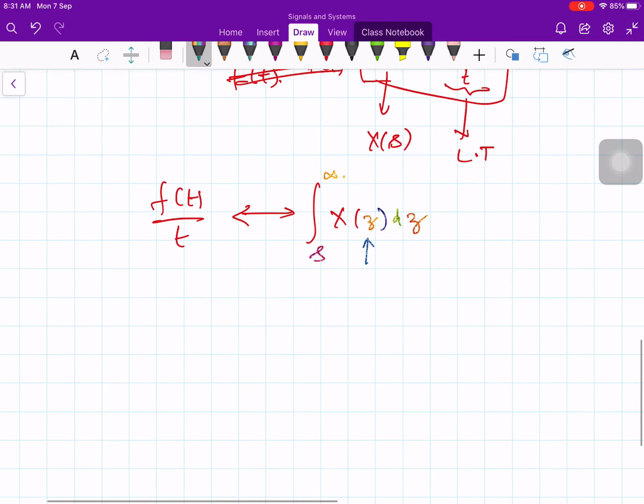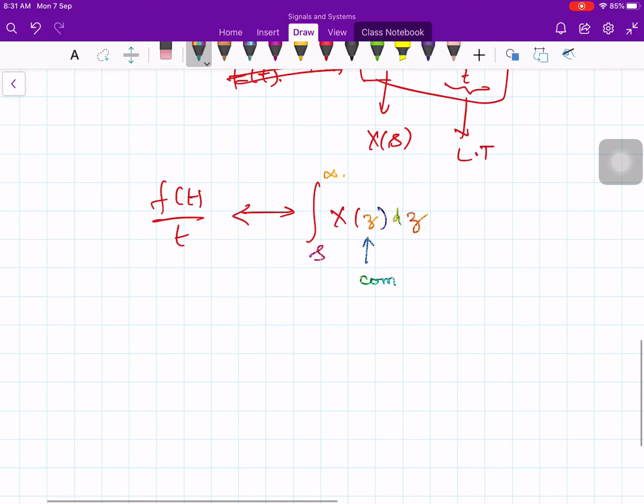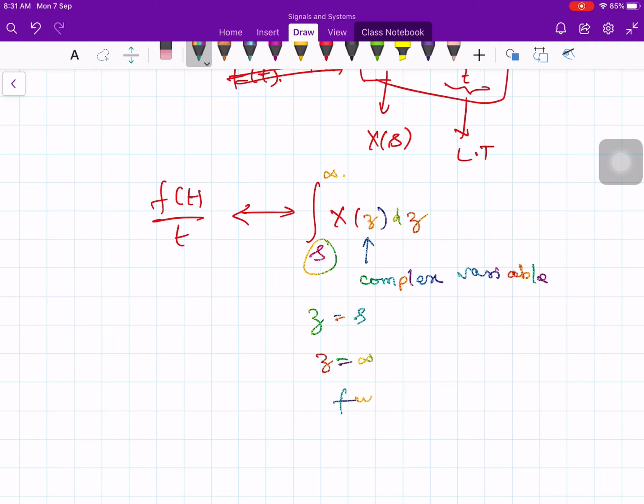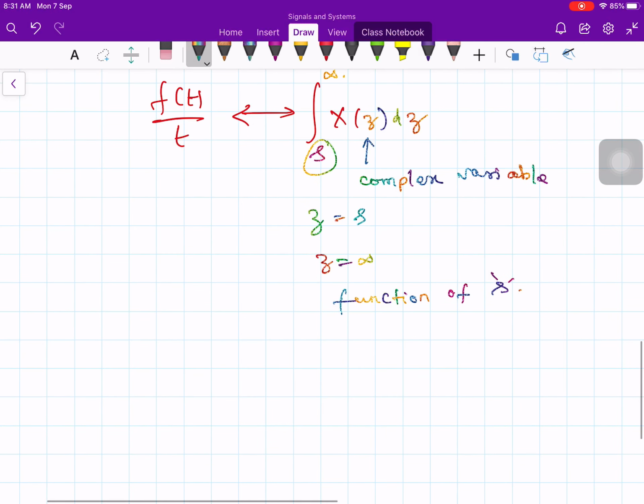Instead of calling it s, I put a z, that's all. Once you make the integration, it is a function of s. So after this integration, you substitute z equal to s and z equals infinity, then the result will be a function of s. After all, z is a dummy variable, right? Now let us prove this.